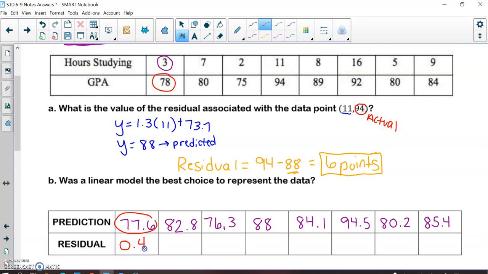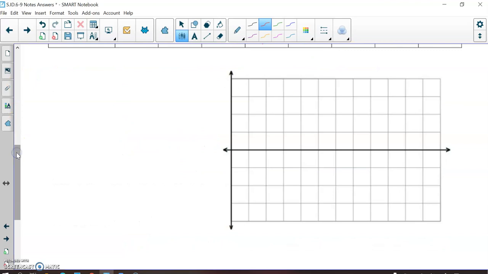Now I'm going to have you fill out the rest of the chart for the residuals by doing the same thing for each of the points. All right, so here are your residuals below. Now we're going to do a residual plot. It looks like the highest x value is 16, so let's make our x-axis go by 2's.